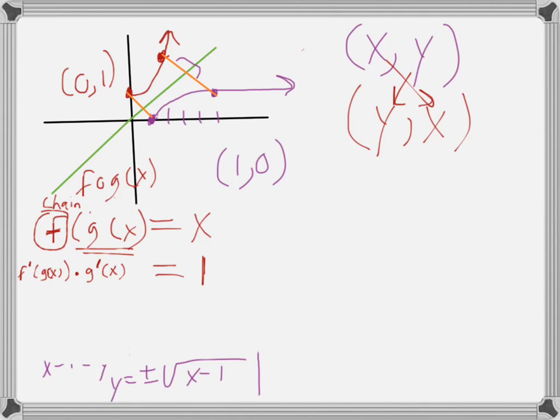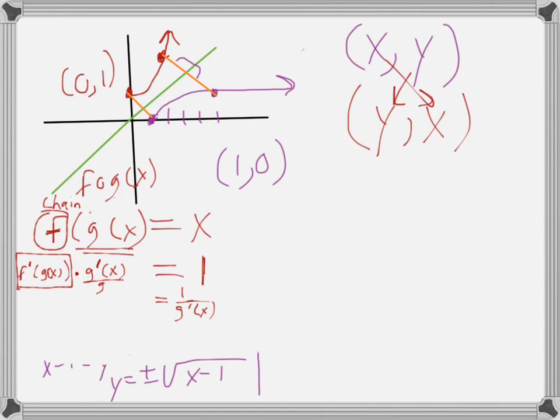Alright? So it doesn't matter how you slice this up. If you were to solve for f prime of g of x, this guy right here, all you have to do is divide out by g prime of x, right?